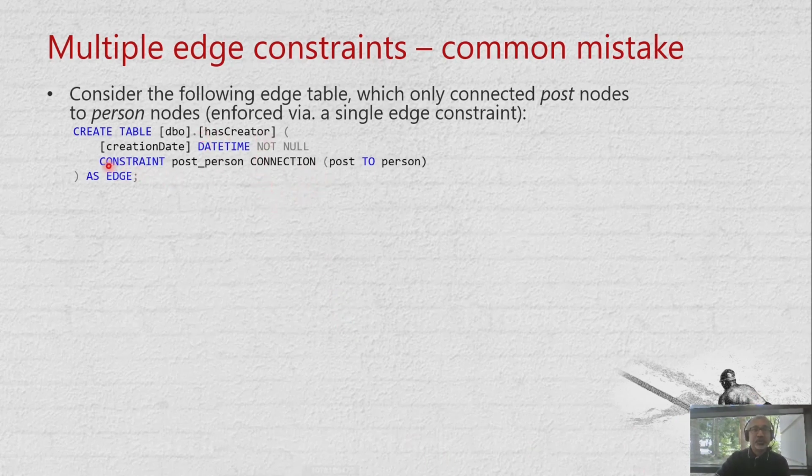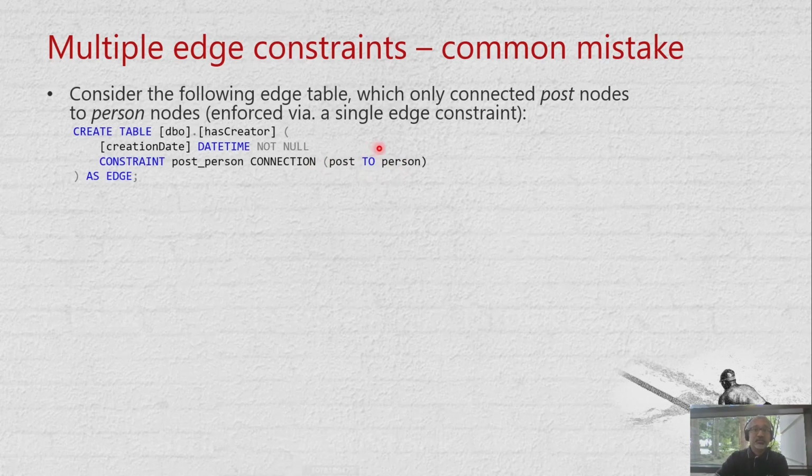Okay, so you can actually use edge constraints, as I briefly showed you in the create table of our edge tables. We showed you how you can use edge constraints to specify that this edge table is only connecting posts to persons. Looks great, right?